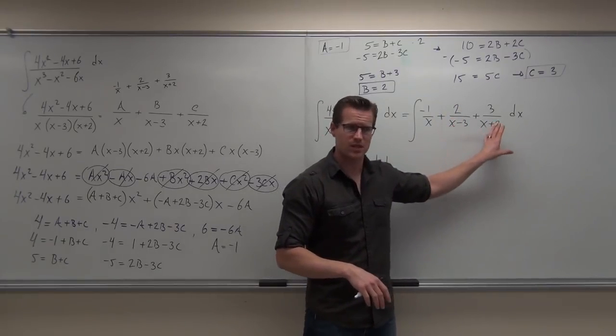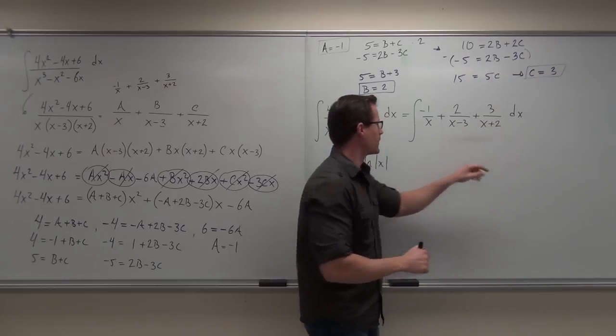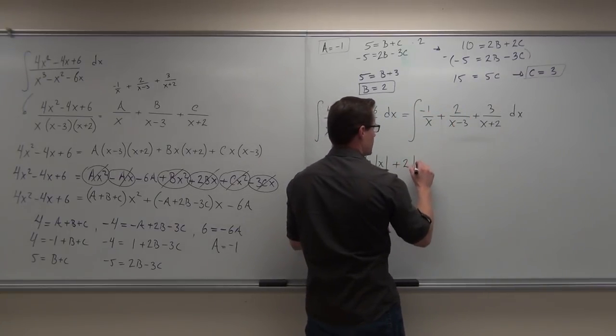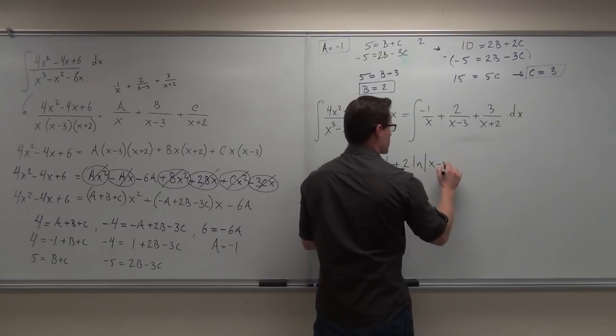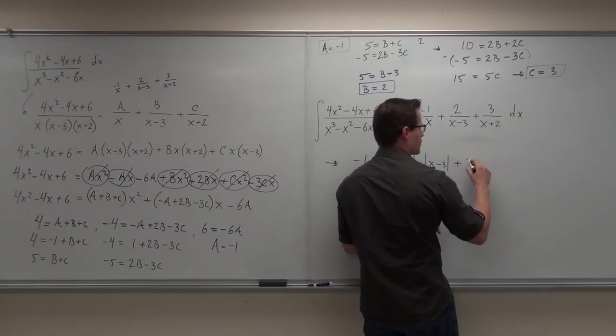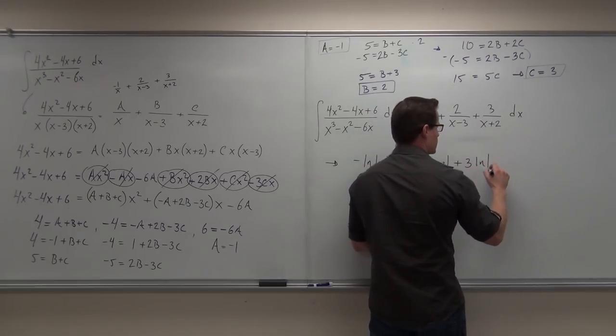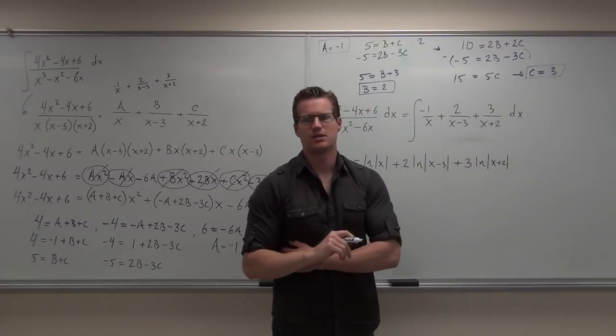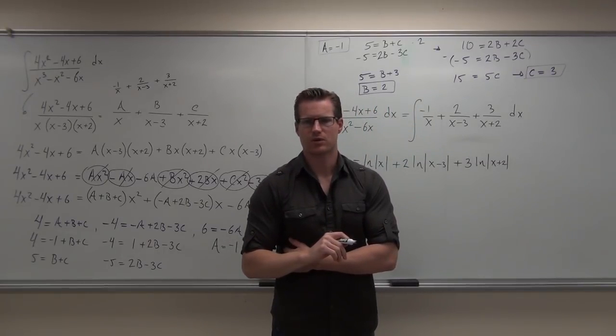So you could split this up and do it independently of each other. Here we're going to have a plus. What's going to be out front? 2. And then ln absolute value of x minus 3. Then another plus. This is our coefficient, 3 ln absolute value of x plus 2. Just please, please be careful on this part. Let me have your eyes on the board here real quick.